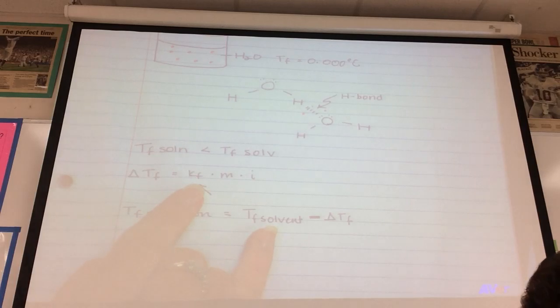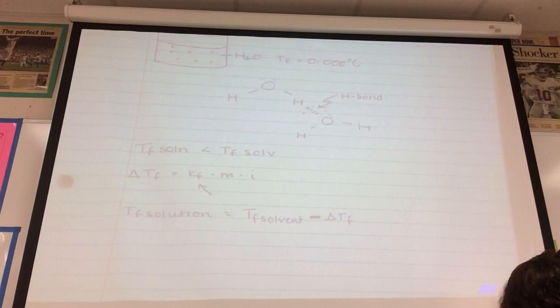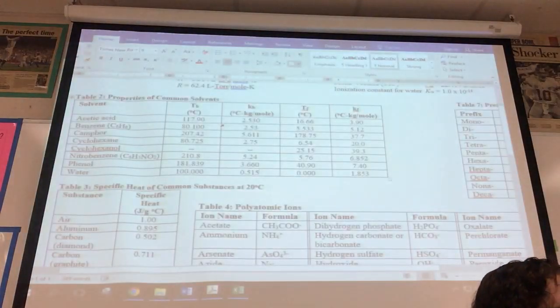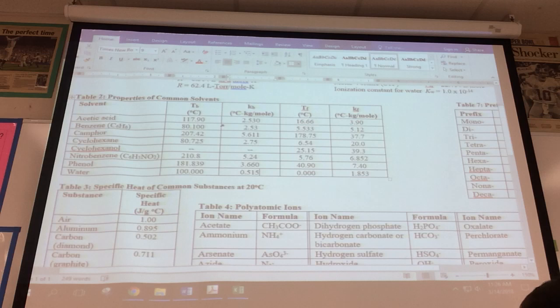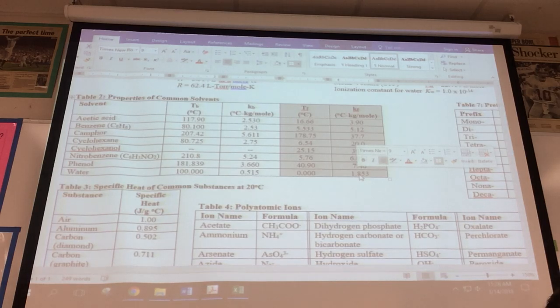We'll have two new constants, and you can see those constants on the back of your periodic table in Table 2, which is shown on the screen. We're going to be focusing on these last two columns. You need the gold periodic table or your second semester periodic table that I provided you with earlier this 9 weeks.